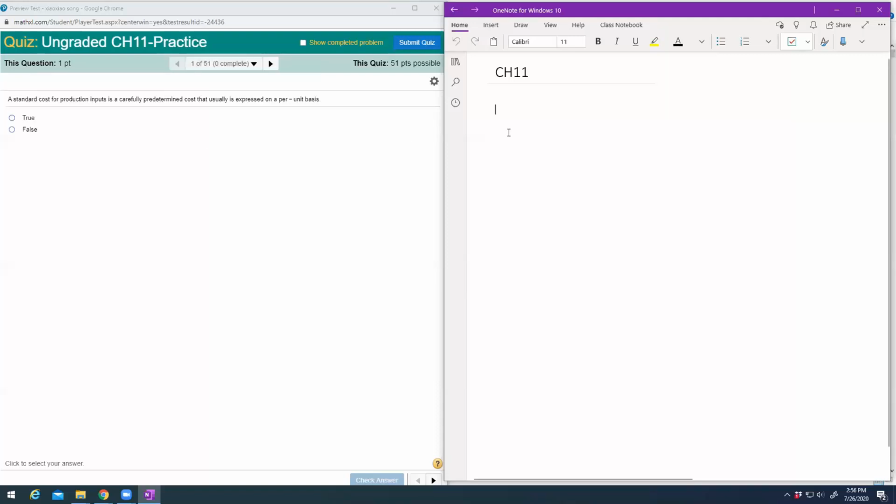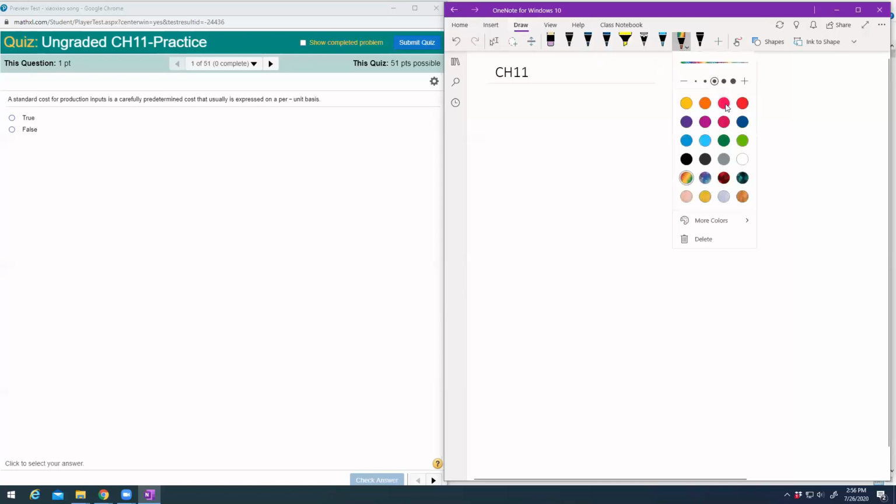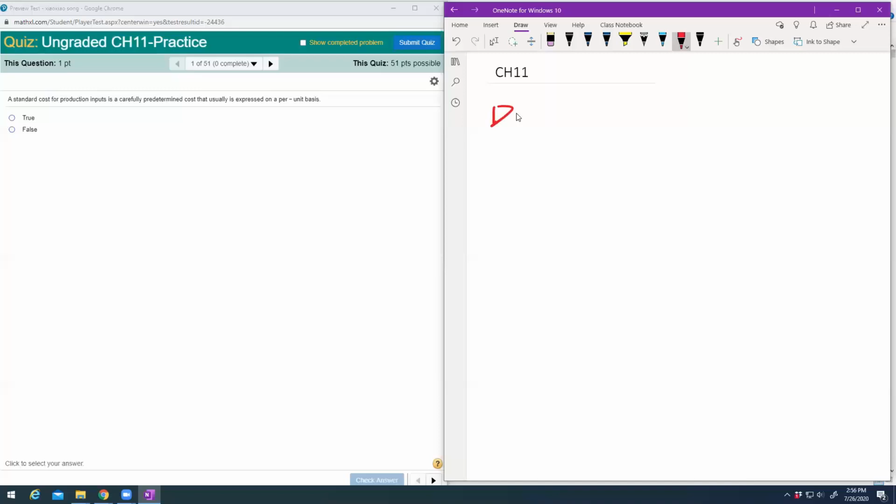Before we talk about the details, let's first do a very quick review of chapter 11, standard cost and variance. For direct material, direct labor, and variable manufacturing overhead, we should have actual and standard.